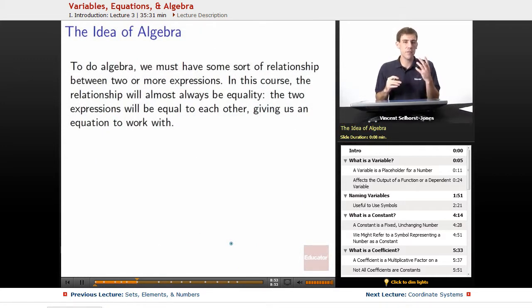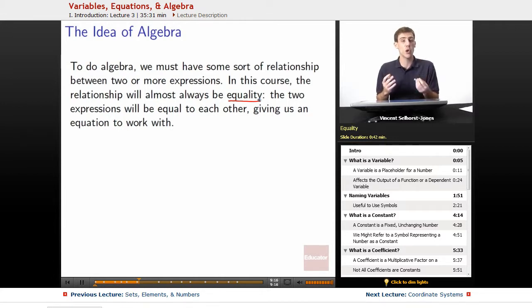To be able to do algebra, we need to have some sort of relationship between two or more expressions. In this course, our relationship is almost always going to wind up being equality. It's going to be based on having an equal sign between two expressions. The two expressions will be equal to each other, and that gives us an equation to work with, allows us to do algebra. We could potentially have a relationship that is not based on equality.